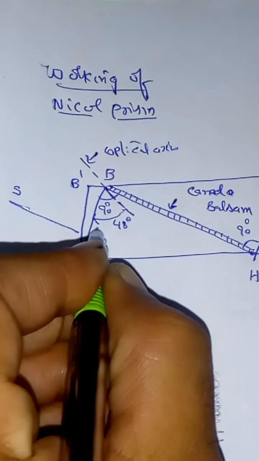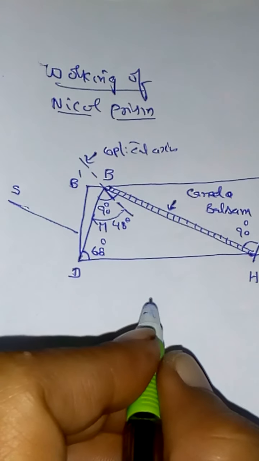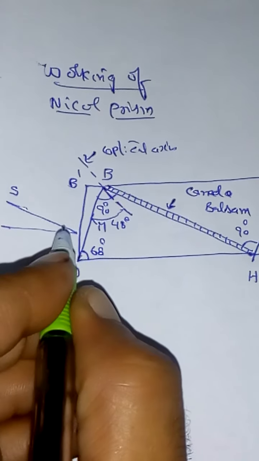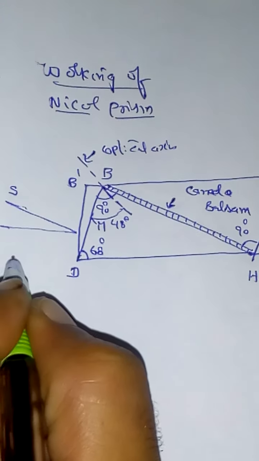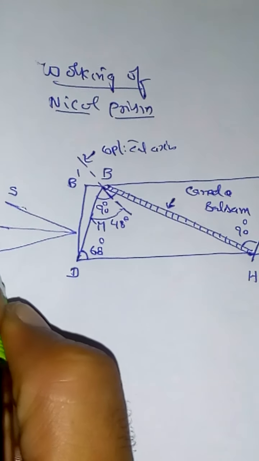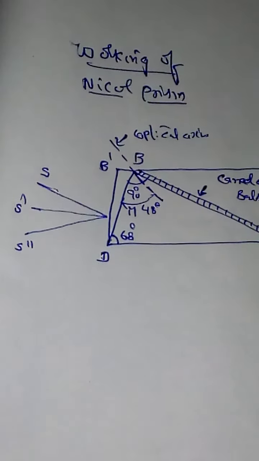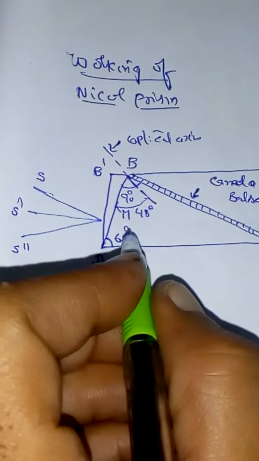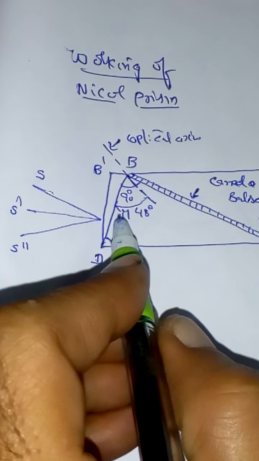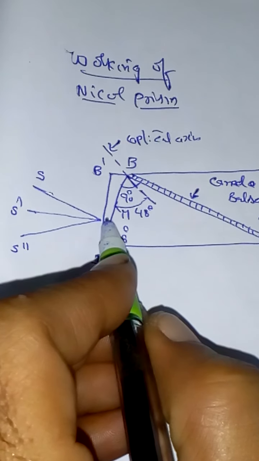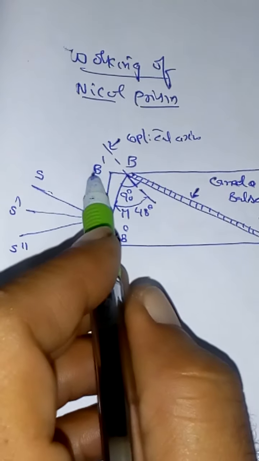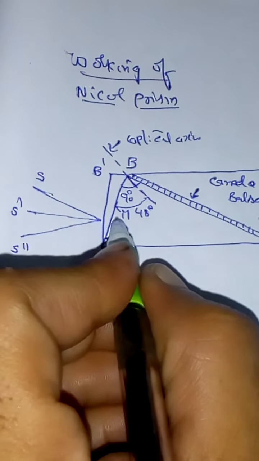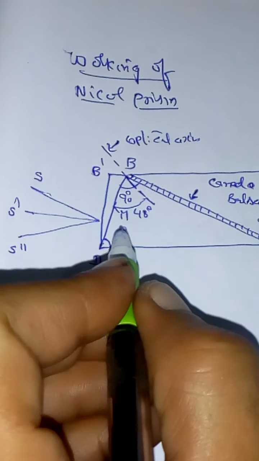This is S M, this is S dash M, this is S double dash M. So the ray SM of light is made to incident on the front face DB dash of the Nicol prism. The incident beam now here is split into two beams, namely ordinary and extraordinary.